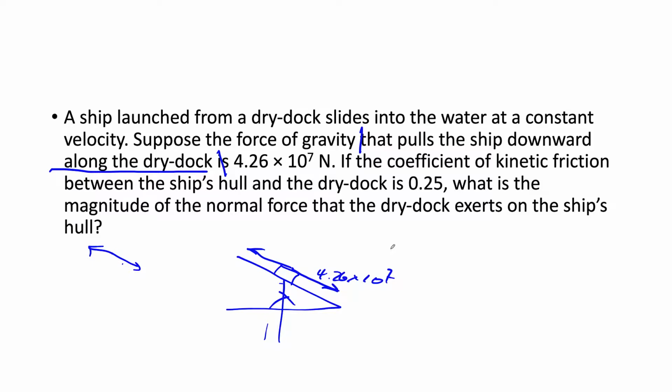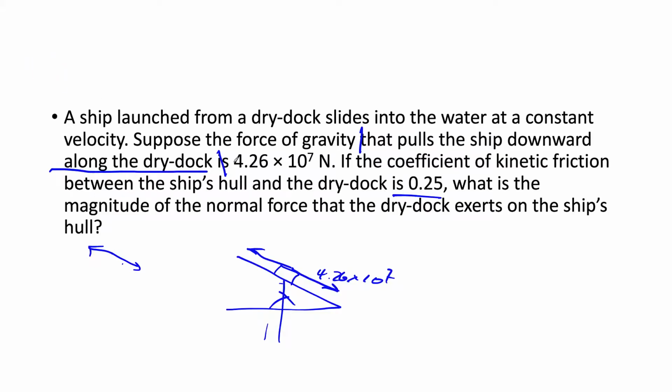Now, we know that the coefficient of kinetic friction is 0.25, so I think we have enough information to solve this. The force of friction is going to be 4.26 times 10 to the 7th.